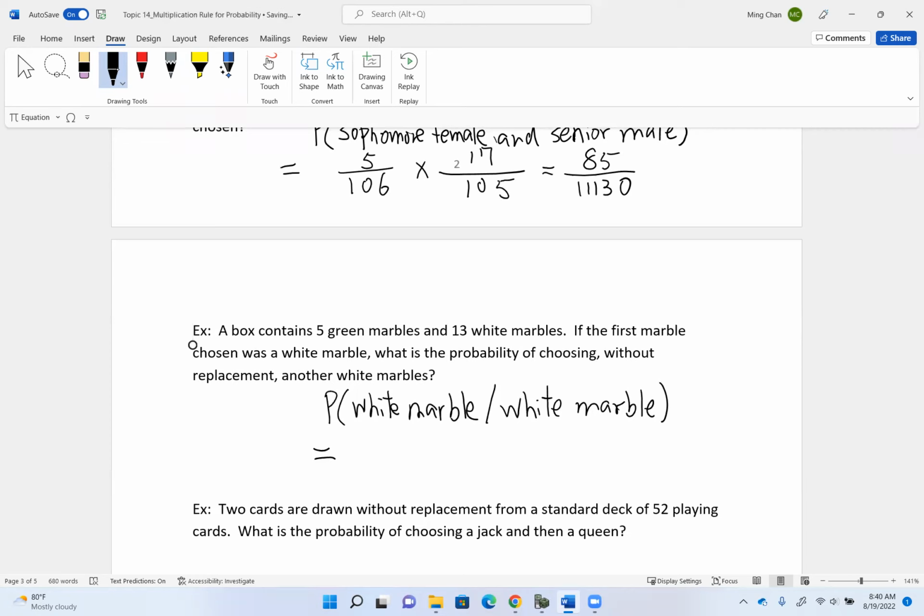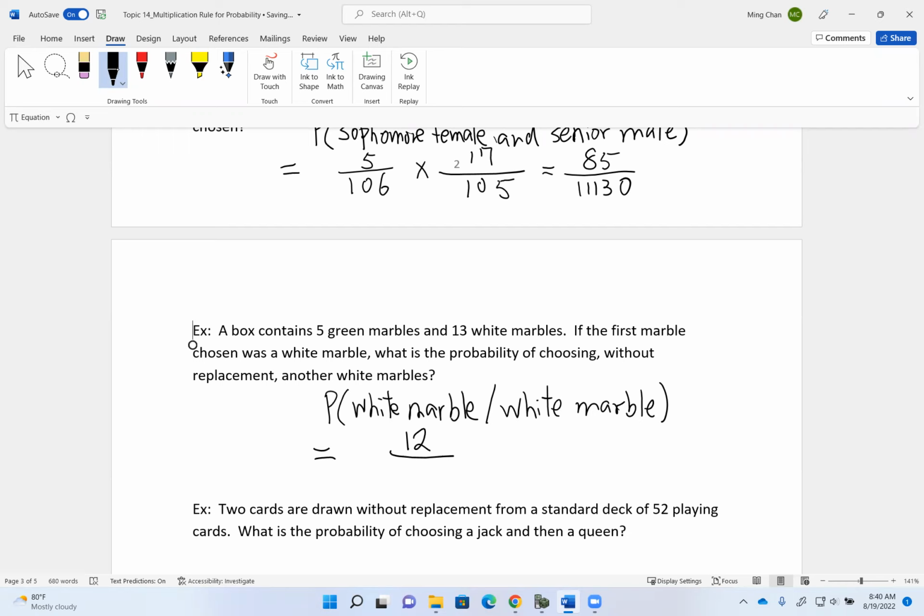Second event. If the first event already occurred and is the white marble, then when it comes to finding the probability of the second event, there should be only 12 white marbles left in the box. So there are 12 ways, right? Because I'm only selecting one, what should my denominator be?